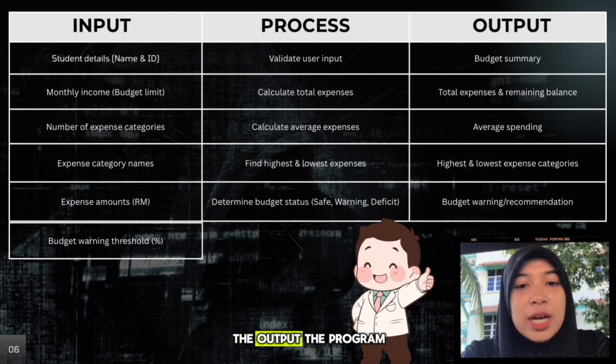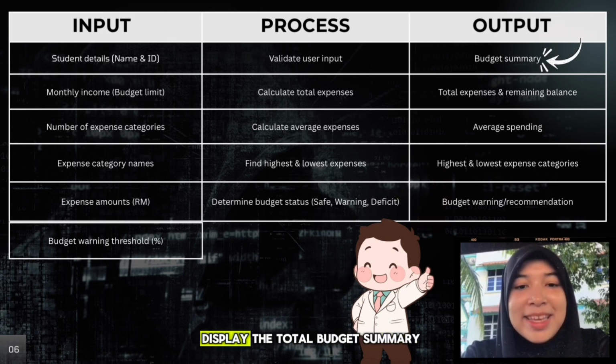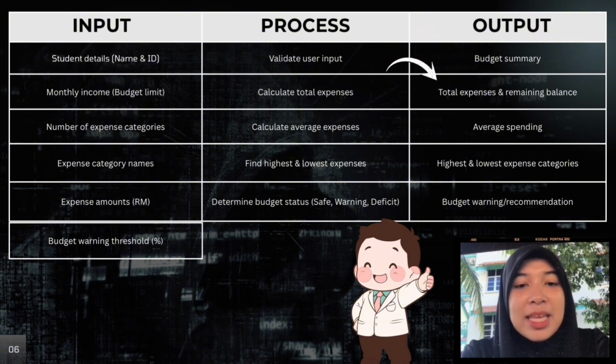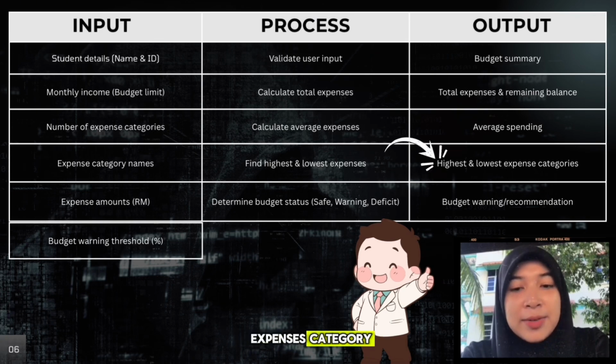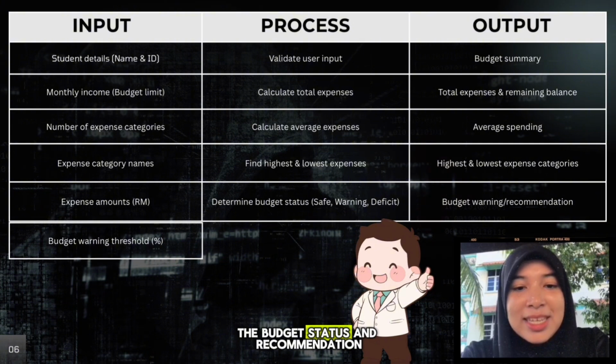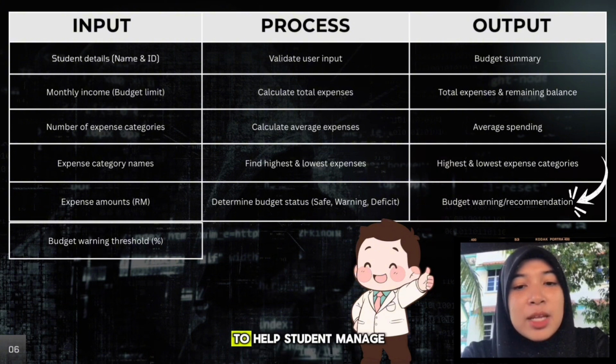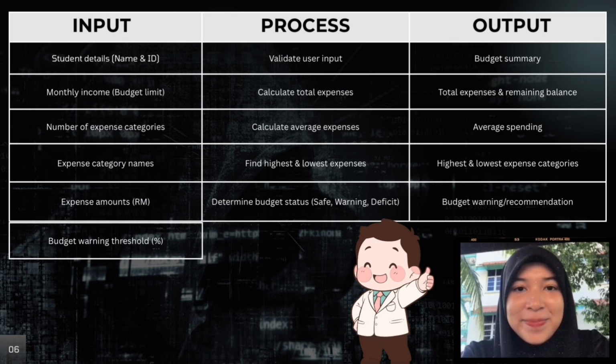Finally, for the output, the program displays the total budget summary, including the total expenses and remaining balance, average spending, the highest and lowest expense categories, the budget status, and recommendations to help students manage their finances more effectively.